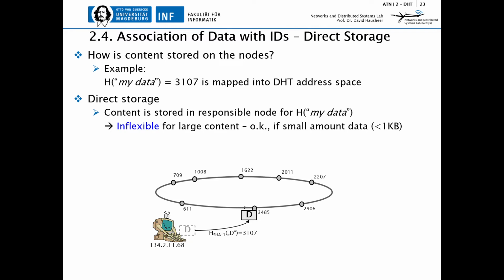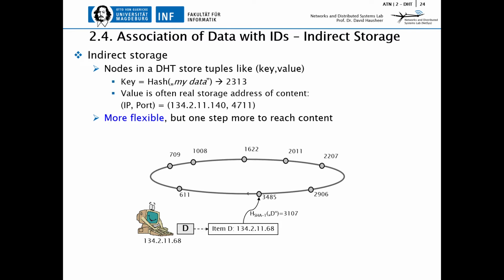In case of direct storage, the actual value is contained directly on that node that is responsible for this key. Now for large content this can be very inflexible, but for a small amount of data, like data items that are less than 1 kilobyte, this is typically okay. But for larger items, the indirect storage is more useful.